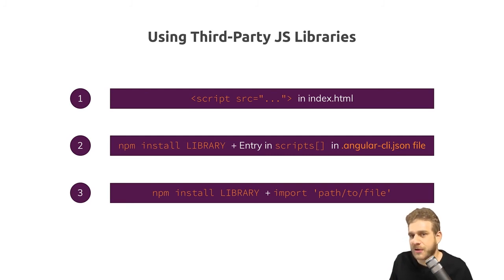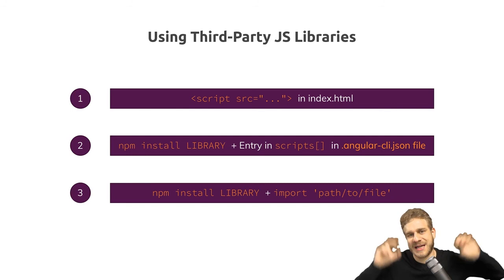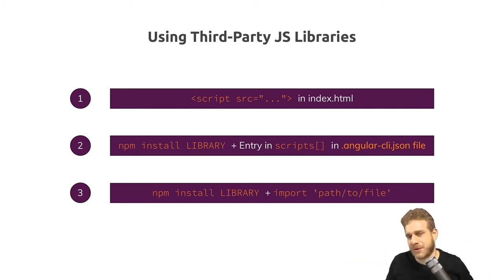One important note though, since you're using TypeScript in Angular, there are JavaScript packages that might be unknown to TypeScript, because they don't ship with a so-called types declaration file, a file that basically translates the JavaScript functionalities to TypeScript.